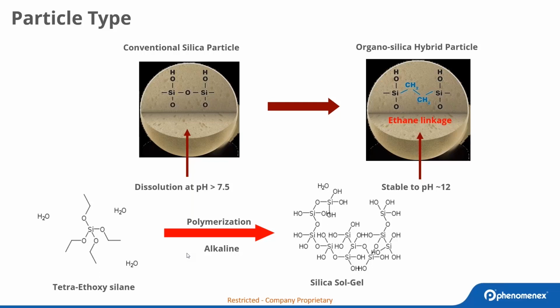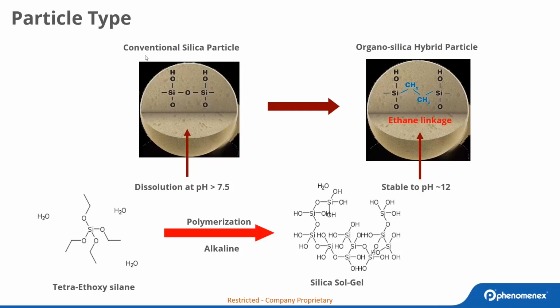So this is done under alkaline conditions. Again, it is unfortunately a reversible reaction, and this can be reversed when the silica is exposed to those alkaline conditions again, which can cause the silica particles to then dissolve. And that's why most conventional silica particles have a max pH of 7.5 or 8, right?